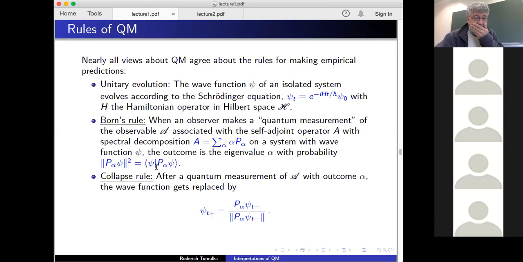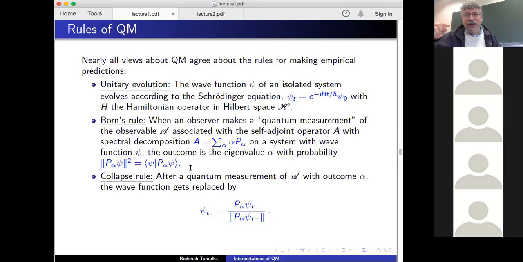You take the norm squared of the projection of psi to the eigenspace. So that is the size of the part of psi in this eigenspace, or it can be equivalently written in this way. It's equivalent because for a projection, p squared is the same as p.